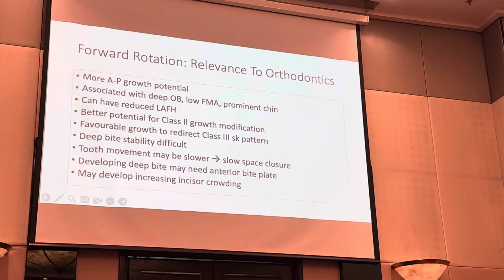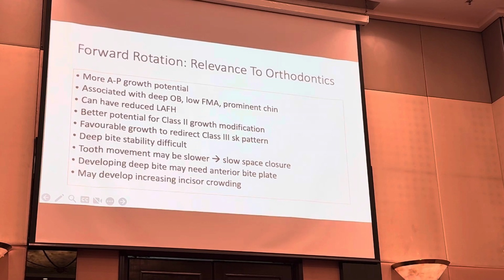It is usually associated with a very deep bite, low Frankfurt mandibular angle, and they tend to have or will develop a prominent chin. They can have a reduced lower anterior face height as well. So like I said, better potential for class 2 growth modification, and favorable growth to redirect a class 3 skeletal pattern.